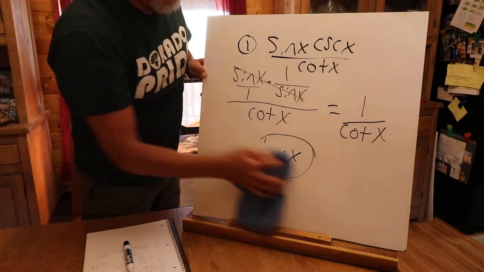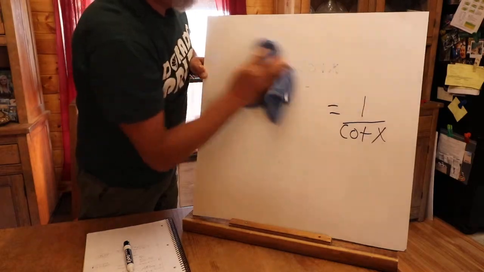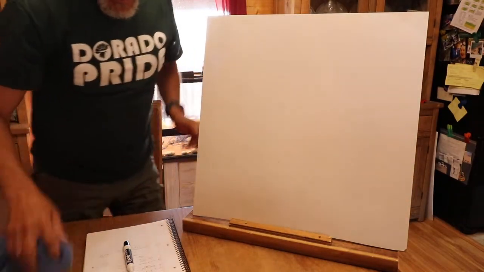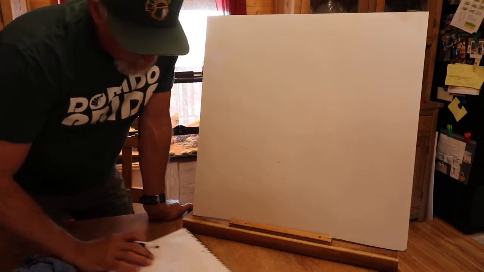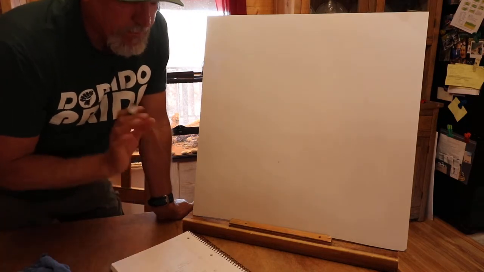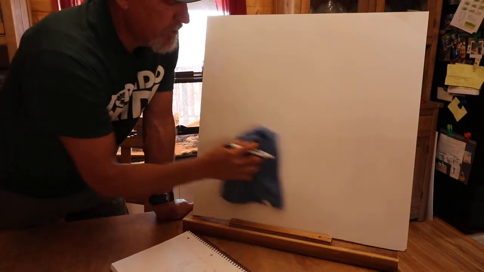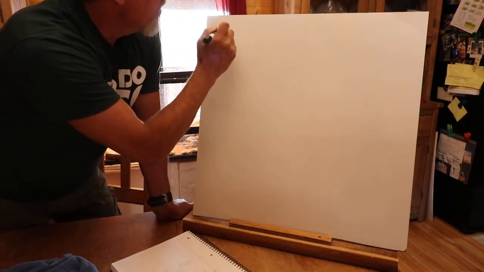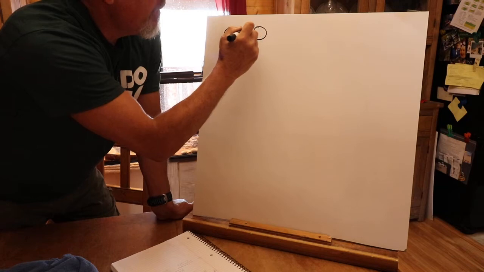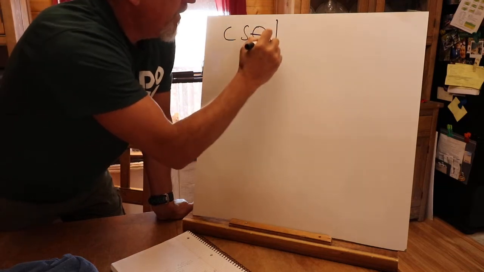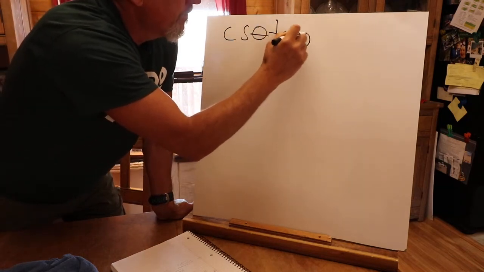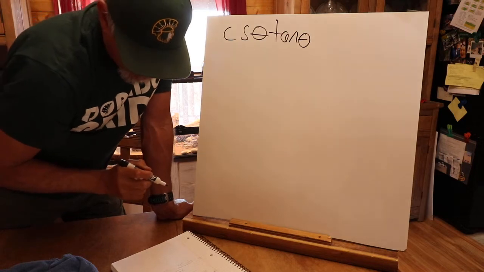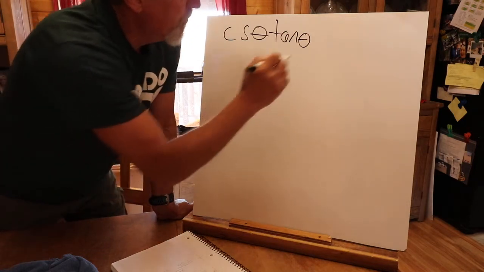Here's another example. This one's a little more complicated, but this way that we solve this problem happens a lot, and I think it's a good example. We have cosecant of theta, tangent of theta, and there's a minus in between them.